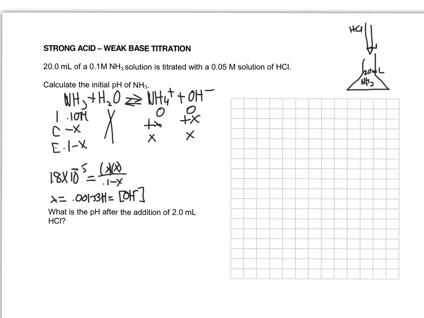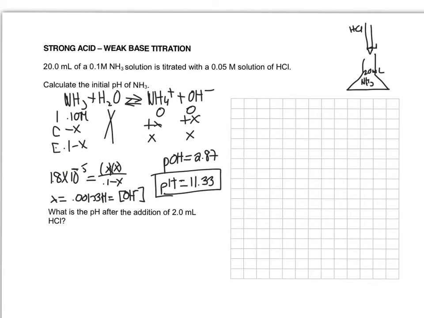And so I can find my pOH. First, it's going to be 2.88 or 2.87. So my pH is 14 minus that, which ends up being 11.33.